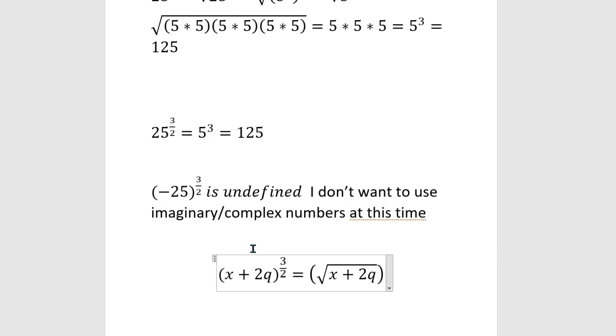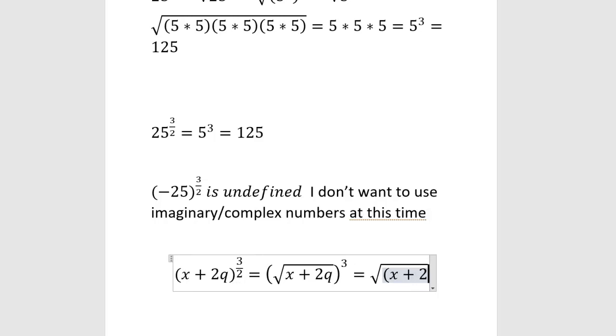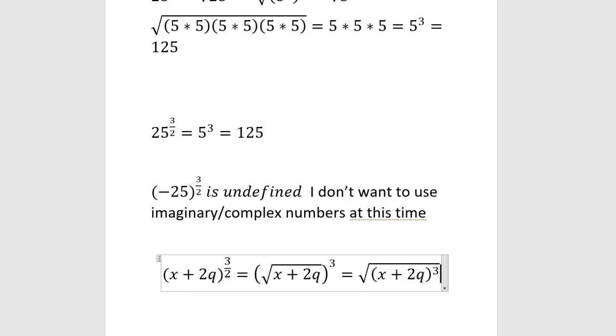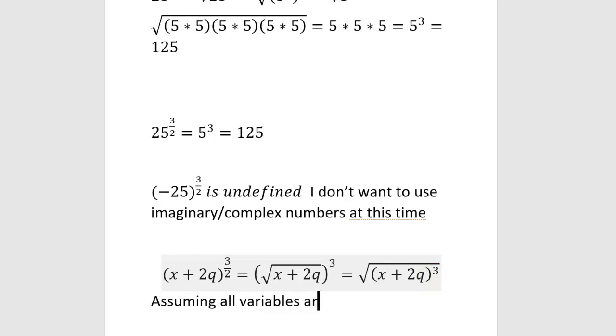You can put them here, and you can cube here, or you can do the square root of, and put the cube in here, x plus 2q cubed there, but the cube has to go somewhere, right? You can cube here or cube here, assuming all variables are positive, or maybe 0, because we could do 0 okay here. Just not negative, though. You can do the bring in of the 3.